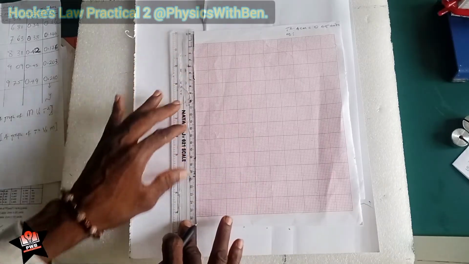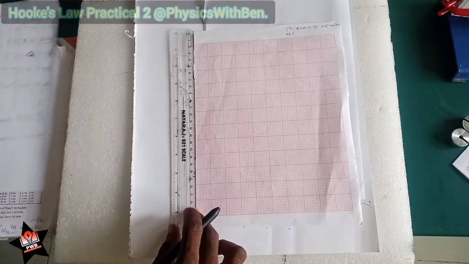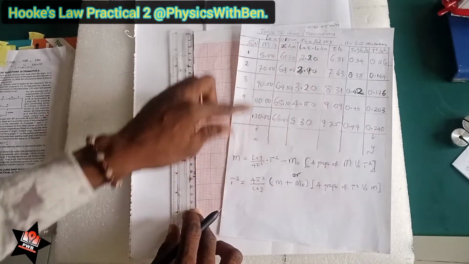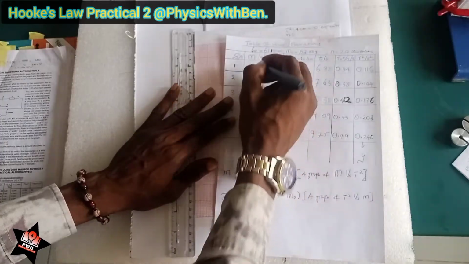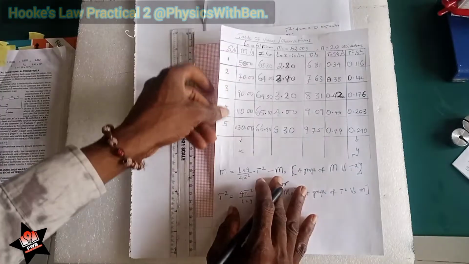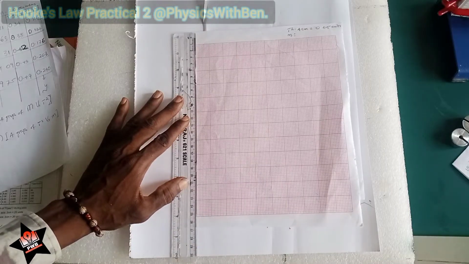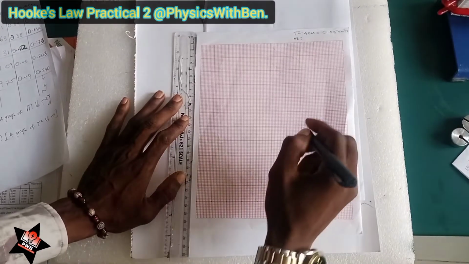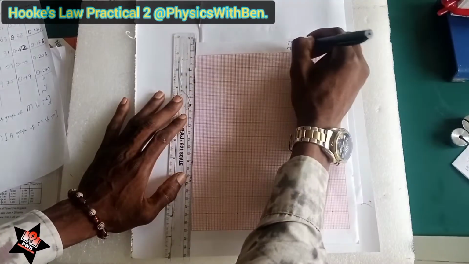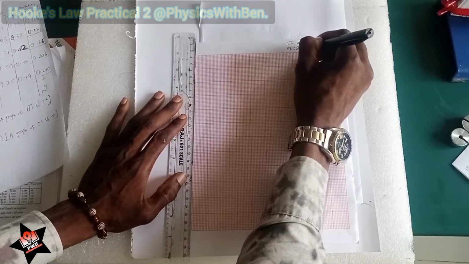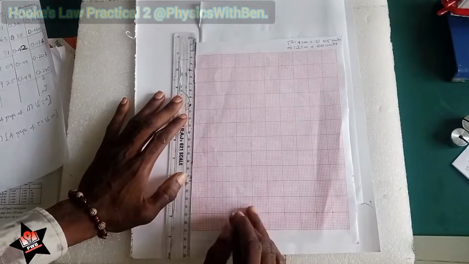But before we do that, let's look at the horizontal axis, which is the m. The highest value is 130, and the lowest is 50. So this is 50.00. And so on the m axis, we say that 2 cm equals 20 units.